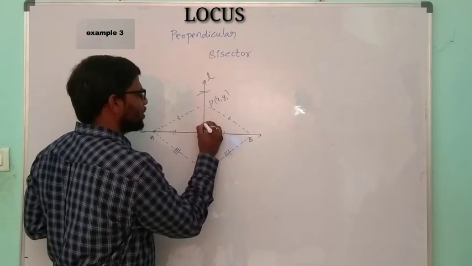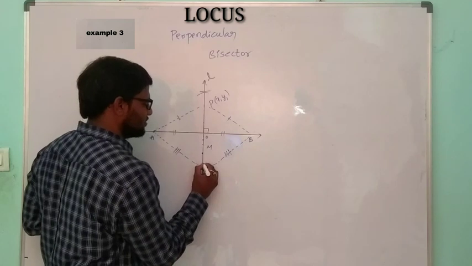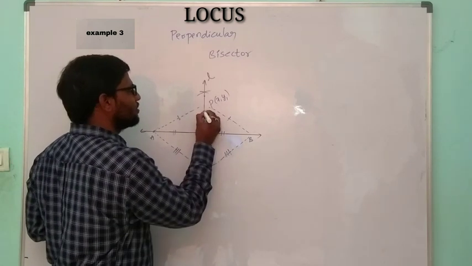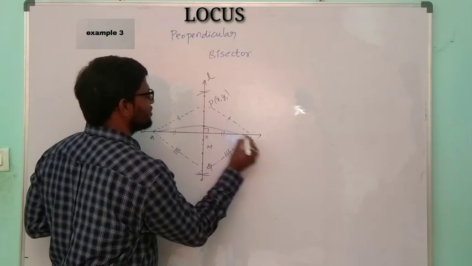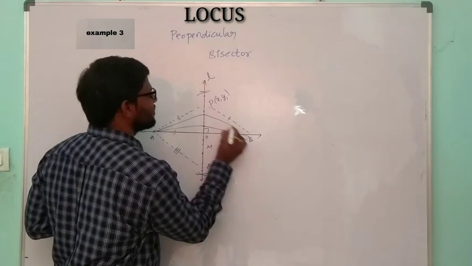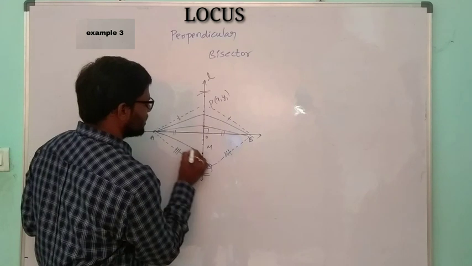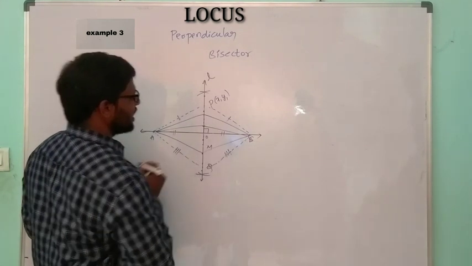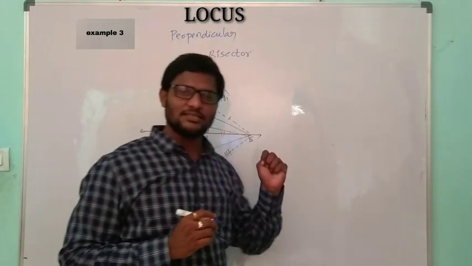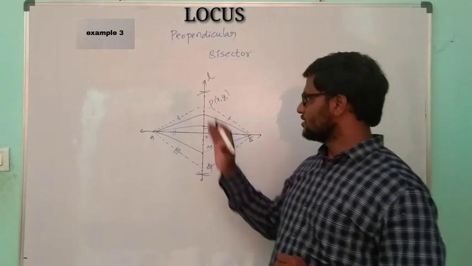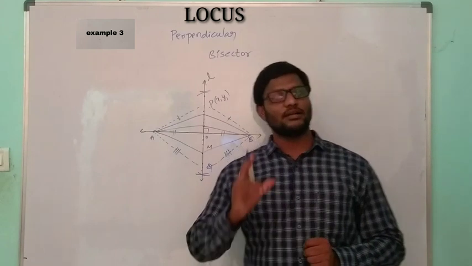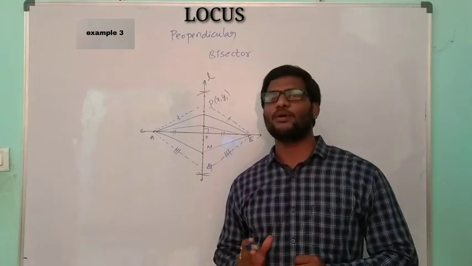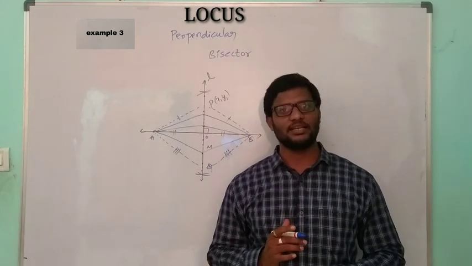So every point on this perpendicular bisector is equidistant from A and B. So this is also a locus. This locus is representing a straight line.